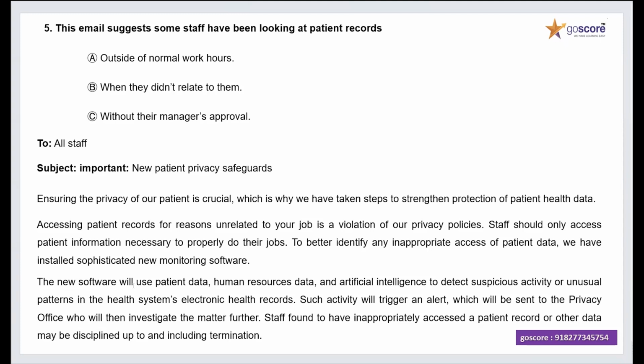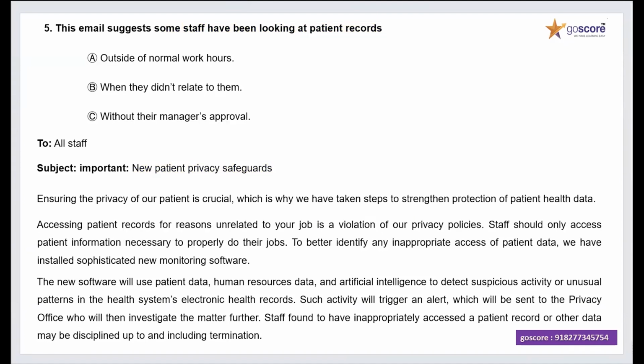The new software will use patient data, human data, and artificial intelligence to detect suspicious activity or unusual patterns in the health system's electronic health records. Such activity will trigger an alert, which will be sent to the privacy office, who will then investigate the matter further. Staff found to have inappropriately accessed a patient record or other data may be disciplined up to and including termination.